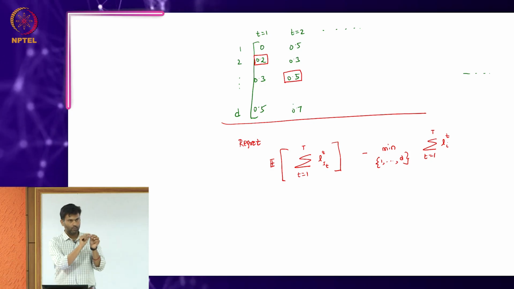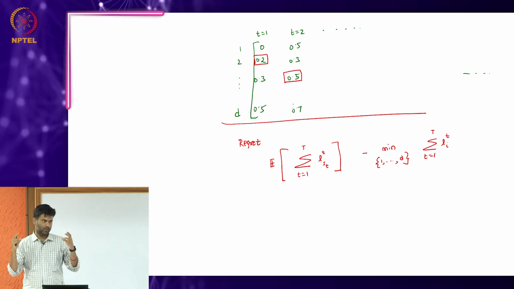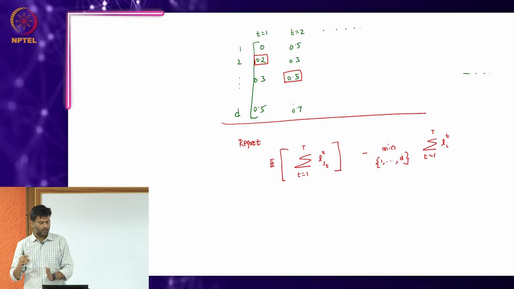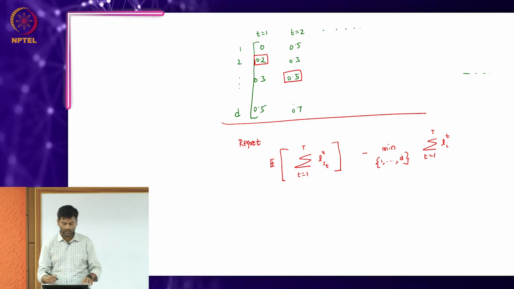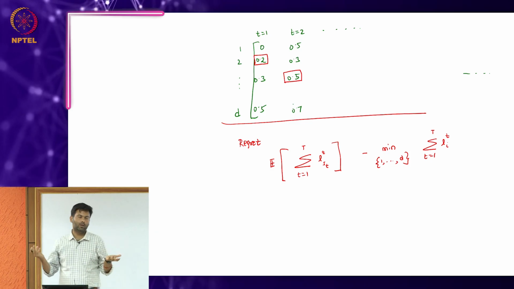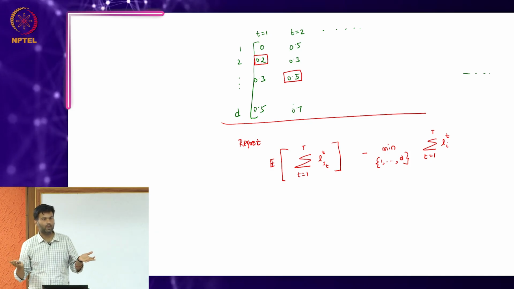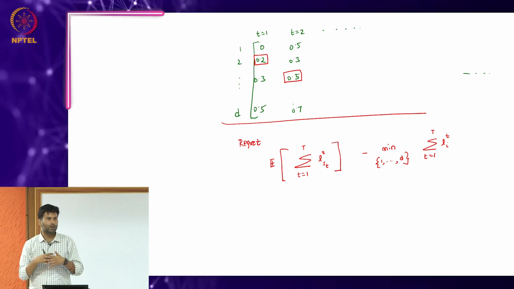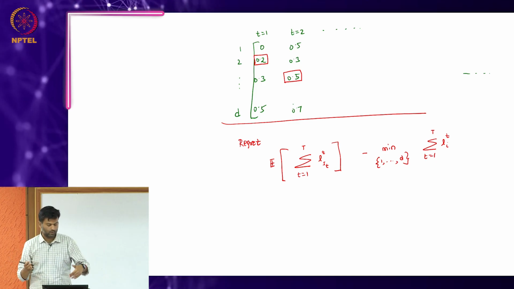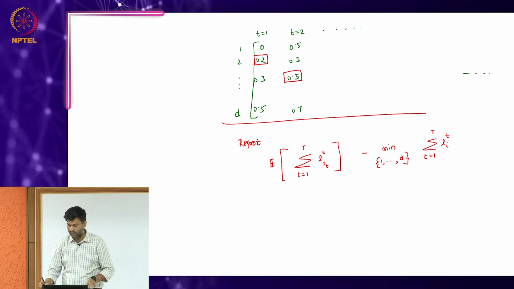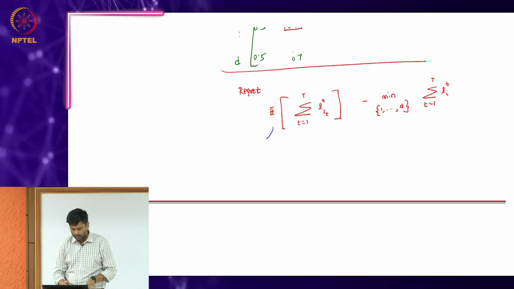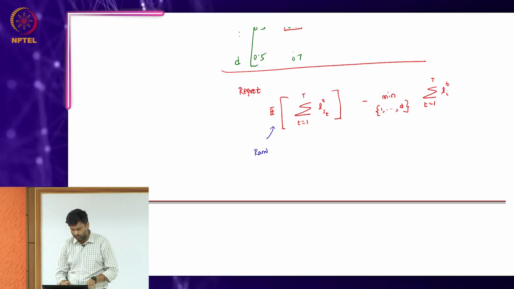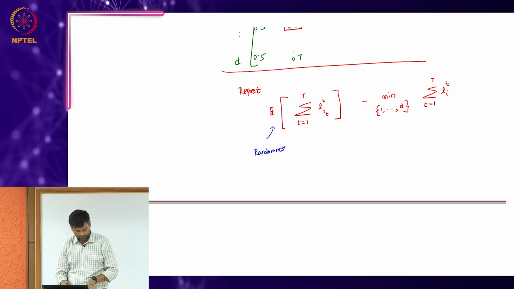There is one arm which would have given me the smallest error after T rounds, and I want to compare myself with this. It is an expectation because, if it's a deterministic algorithm, even in the full information setting you are not able to do anything. In the partial information setting it's only getting harder, so you have to have a randomized algorithm, that's clear. So this is random choice, randomness over the algorithm.